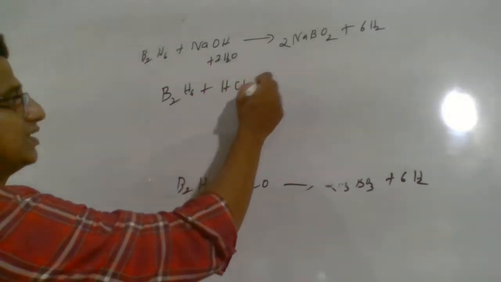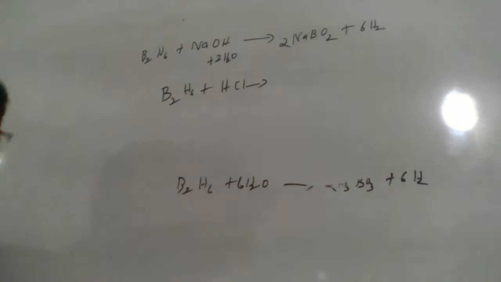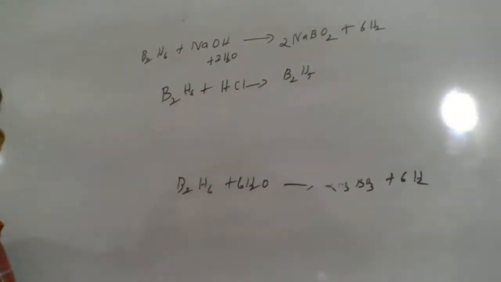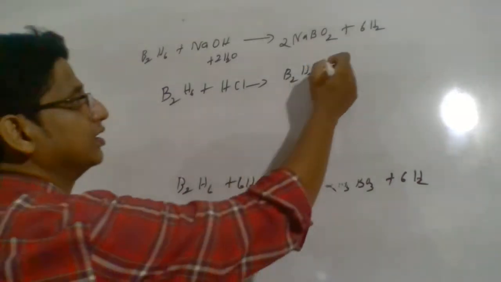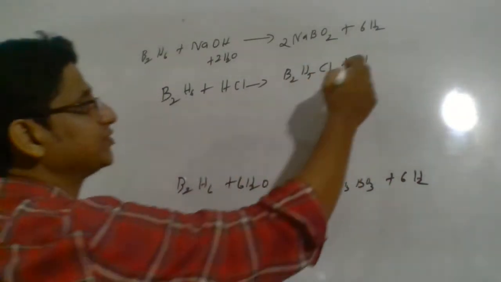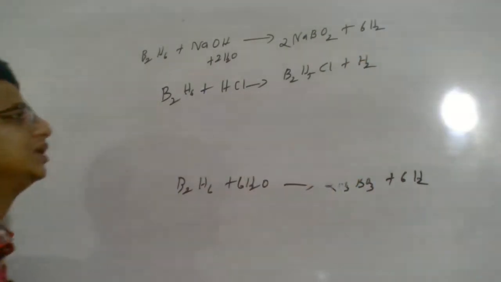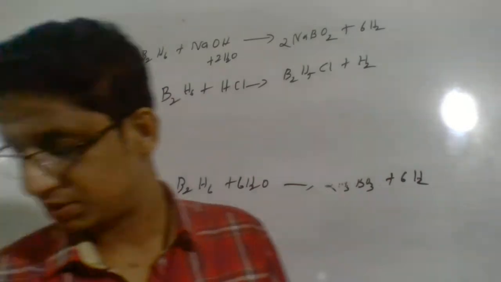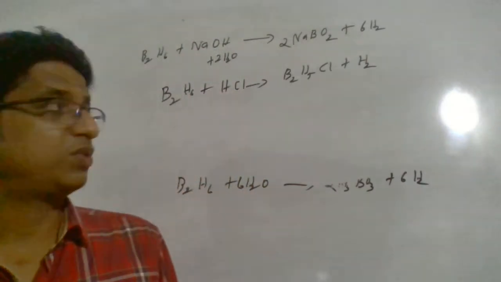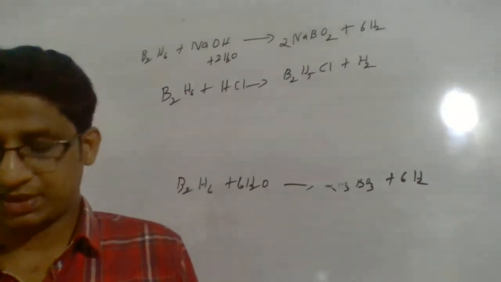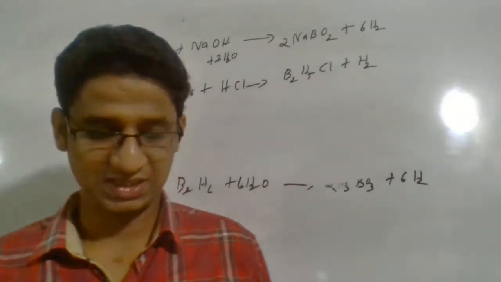B2H6 plus HCl gives B2H5Cl plus hydrogen gas. So a diborane halide will be formed. One hydrogen of diborane is replaced by halogen and hydrogen gas is released. That's the reaction with halogen acids.